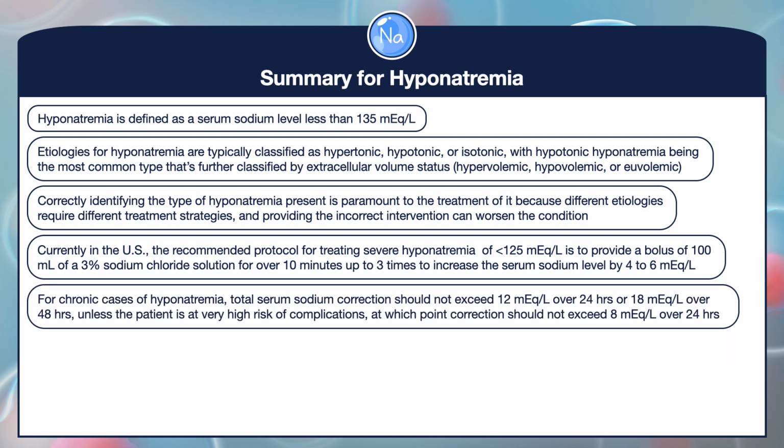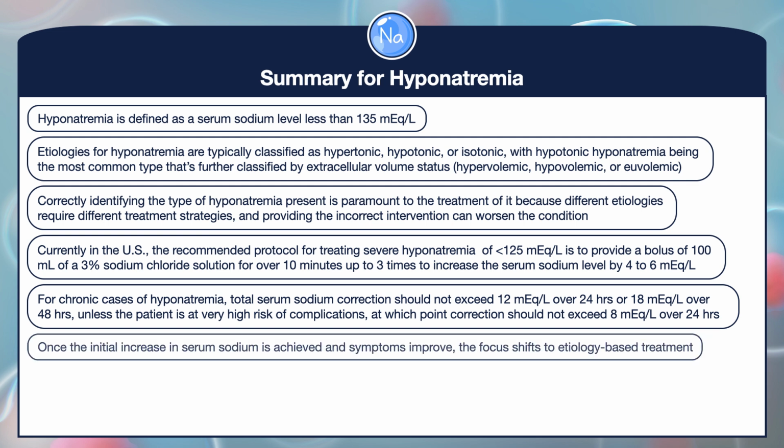For chronic cases of hyponatremia, total serum sodium correction should not exceed 12 milliequivalents per liter over 24 hours or 18 milliequivalents per liter over 48 hours, unless the patient is at very high risk of complications, at which point correction should not exceed 8 milliequivalents per liter over 24 hours.